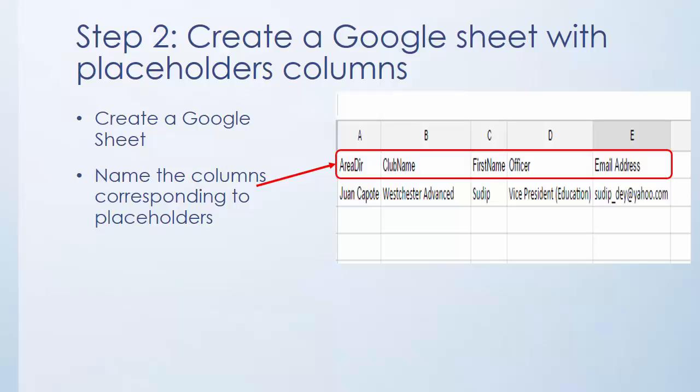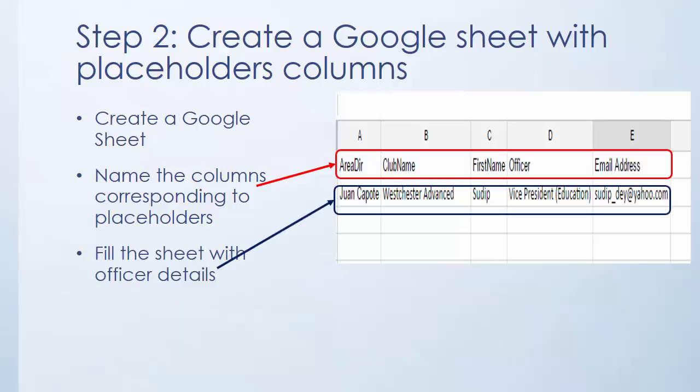There will be one additional field called email address, that you see as column E out here. And you fill the sheet with the different recipient details.